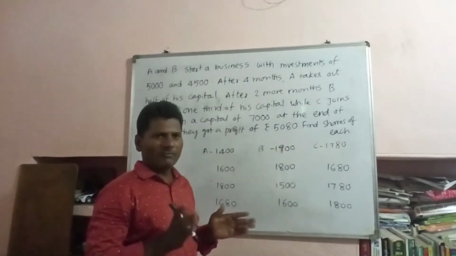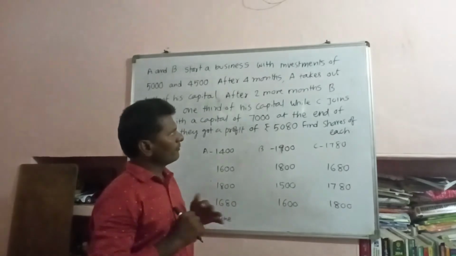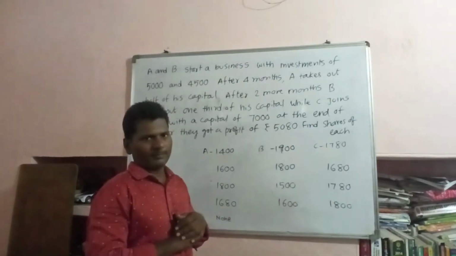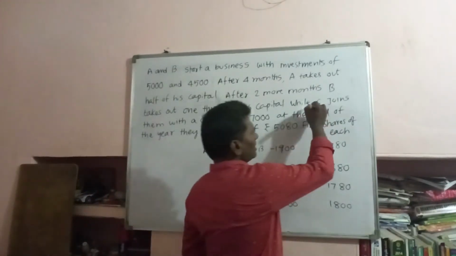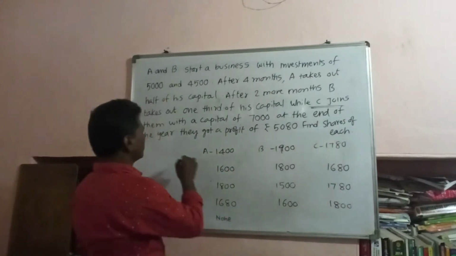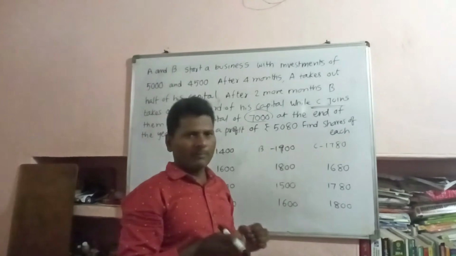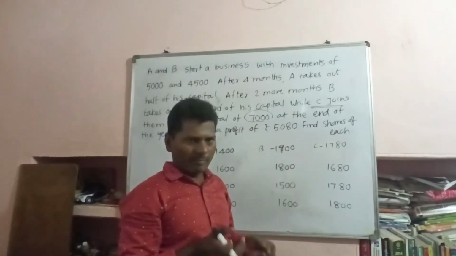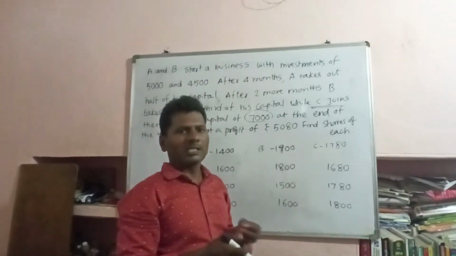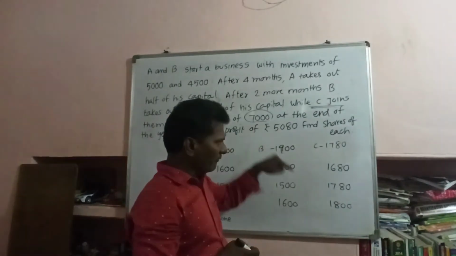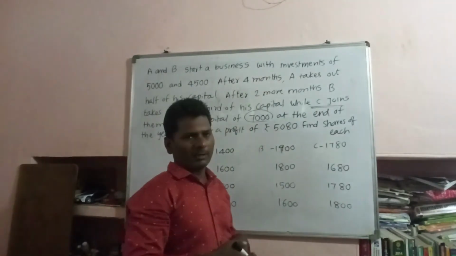Focus on the investments. Now I am focusing on the investment of C. C's investment is 7,000. Profit must be in the 7 table because his investment is in the 7 table.